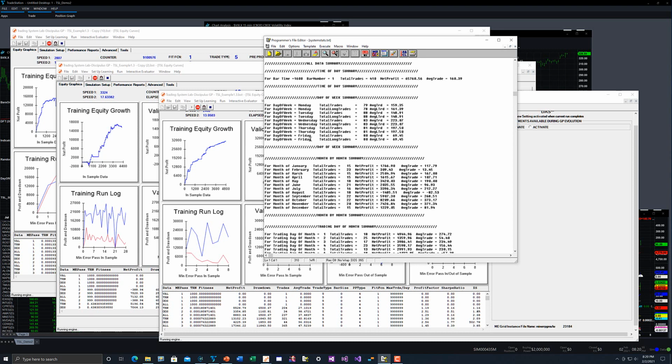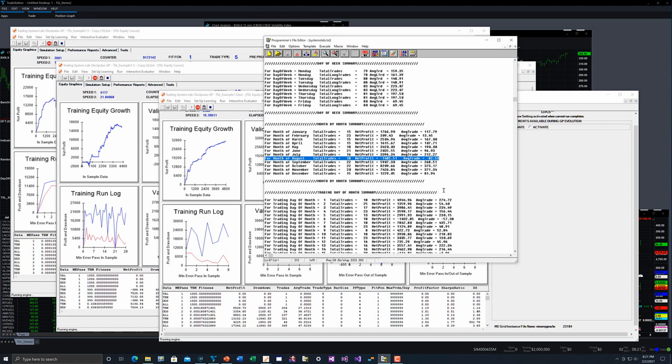And as you can see, late in the week, like on Friday, just as our earlier indicator showed, Friday is the weakest day to trade this particular trading strategy. Now, what about the weakest month? Well, here it looks like February and August are very weak months to trade this trading strategy.